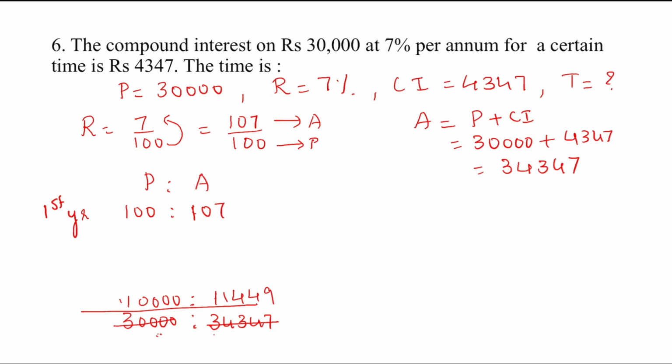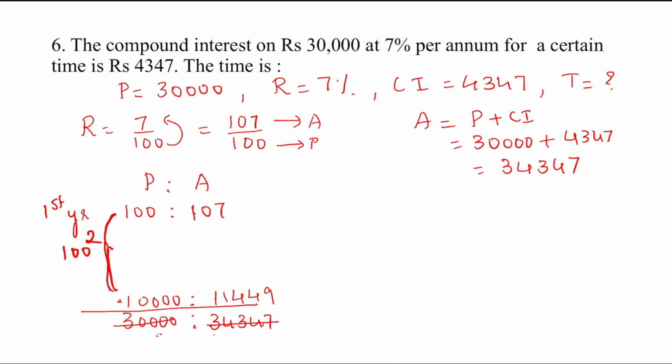Now, to come to 10,000, what we have to do? If we cube this, what will happen? It will be more. So if we take 100 square, is it equal to 10,000? Yes, 100 square is equal to 10,000.